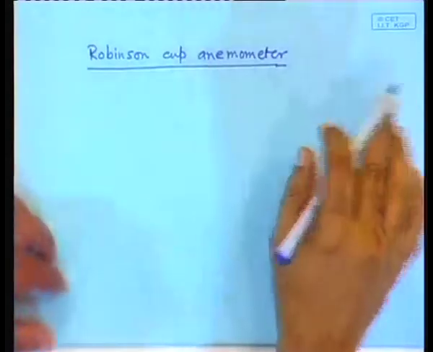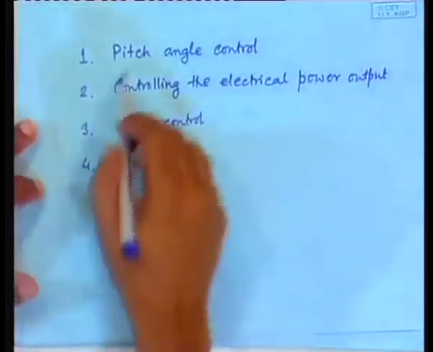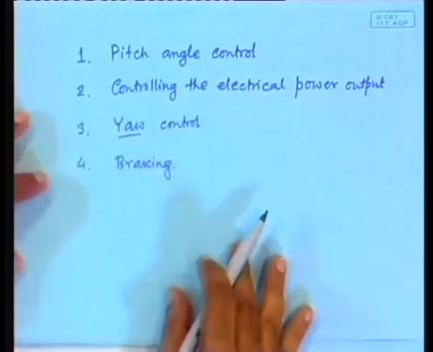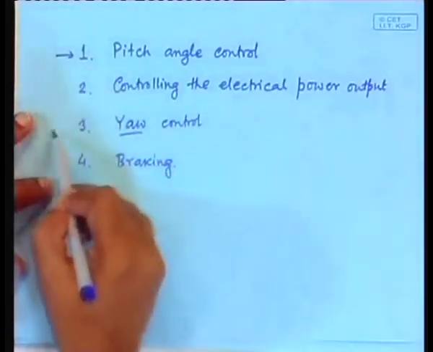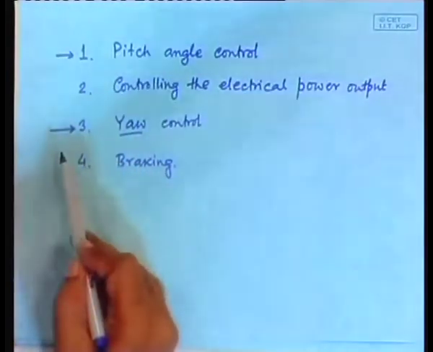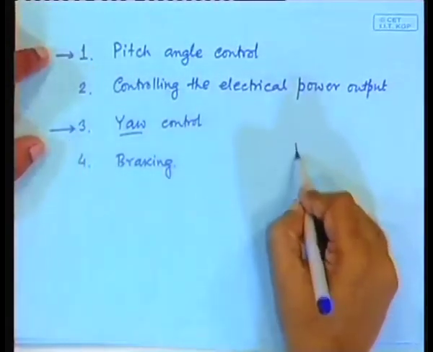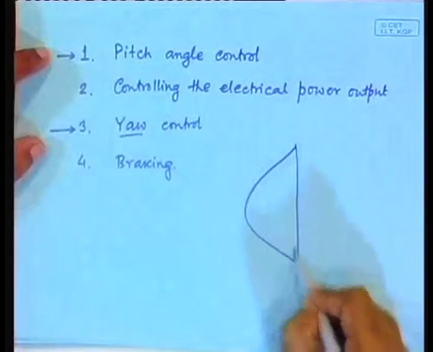wait, before coming to all this, let me also tell you that all these control strategies that I have talked about, actually this and this will work only for horizontal axis wind turbine. For vertical axis wind turbine, like I have already talked about this Darrieus rotor.